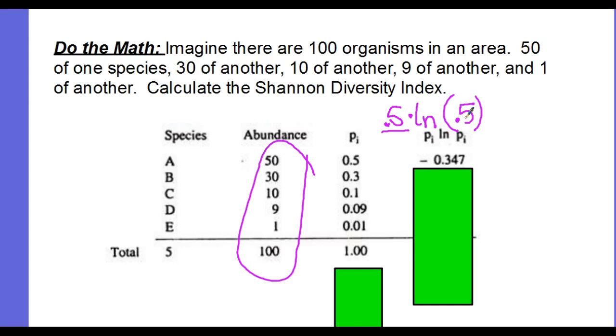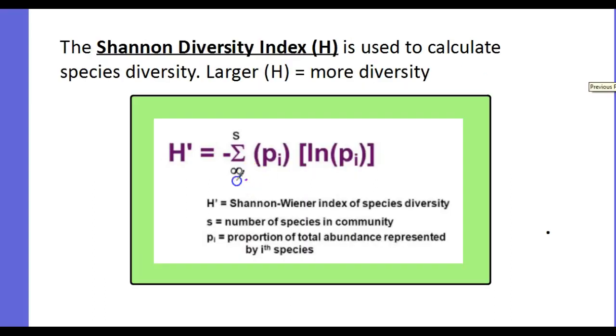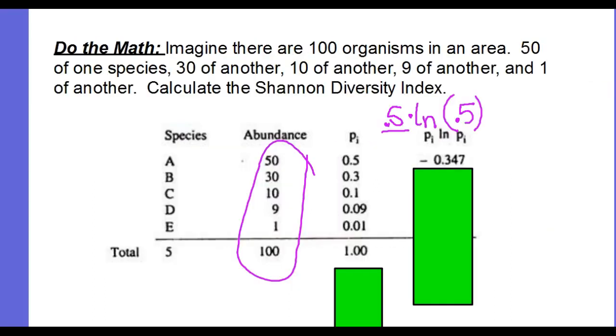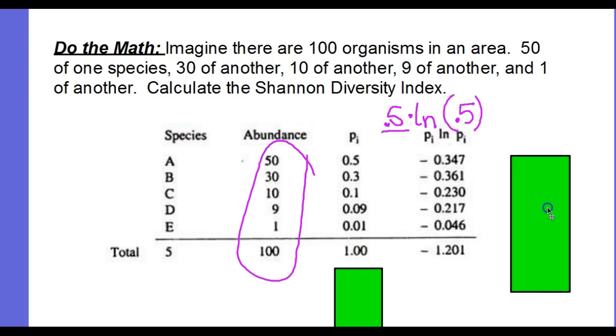So then when you get all of these, you're going to add them all up. Remember, that's what the sum says. Sum, add them all up. Okay, so we end up getting negative 1.2 as our final answer when we add them all up.